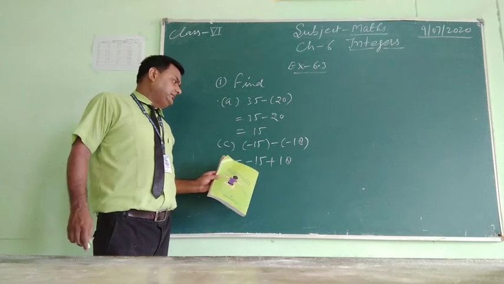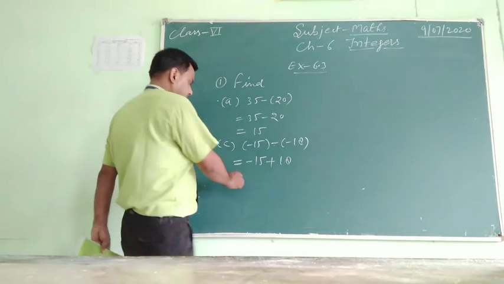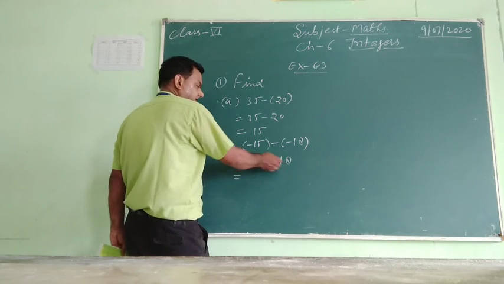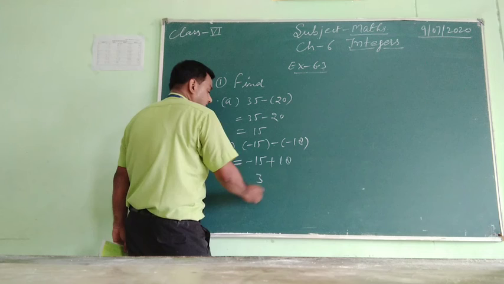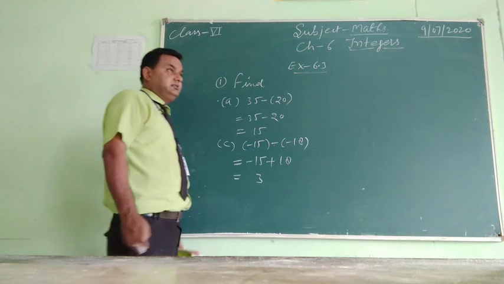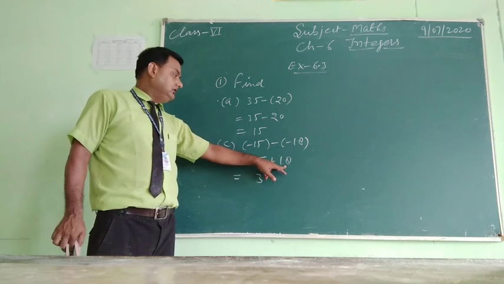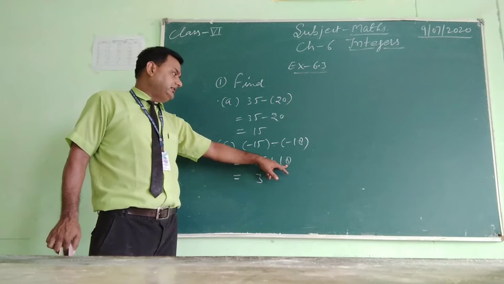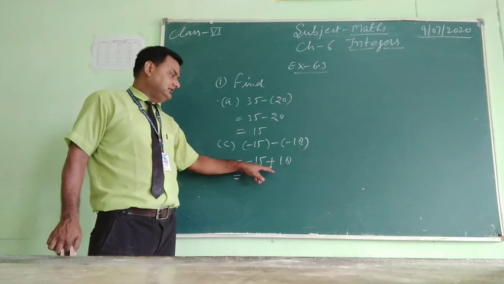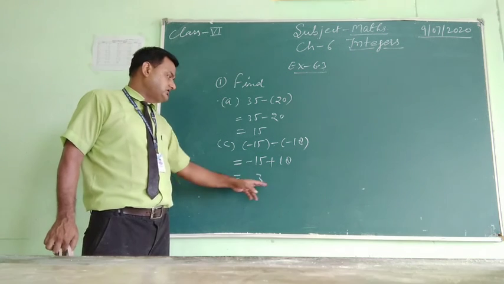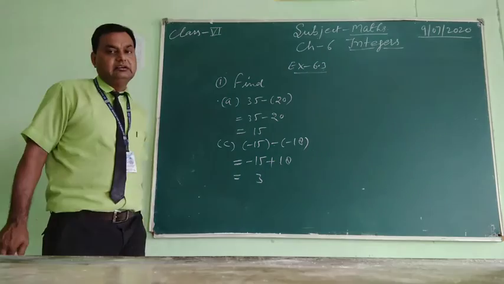So 18 minus 15. Plus minus minus, 18 minus 15, 3, and 3 will be positive because 18 is the greater number. The sign of 18 is plus, so the sign will be positive, 3. So this is the answer.